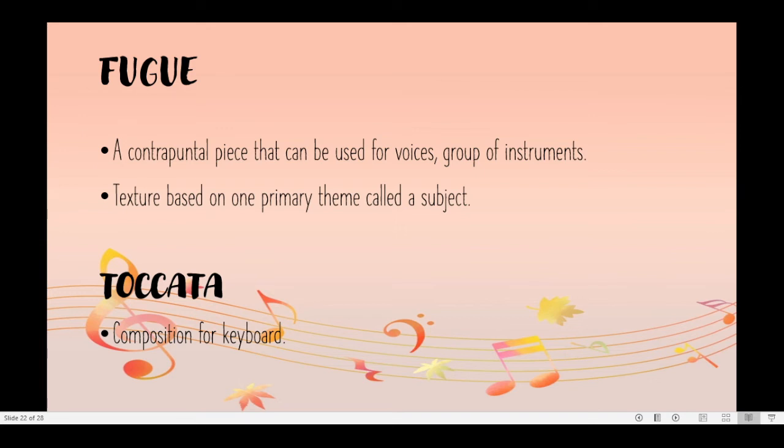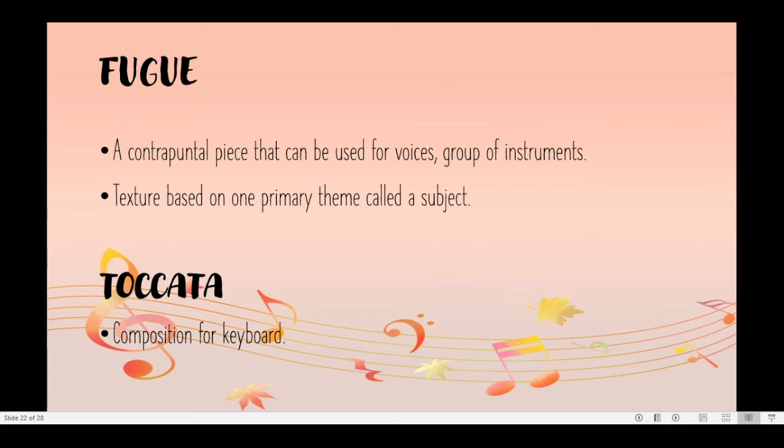It is something similar to a round song, like a connected music piece that they are singing, but they're just imitating the remaining voice.